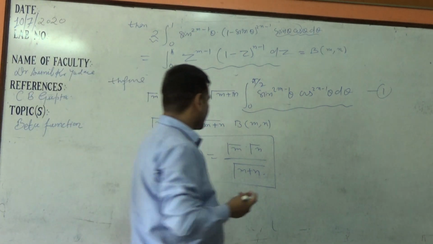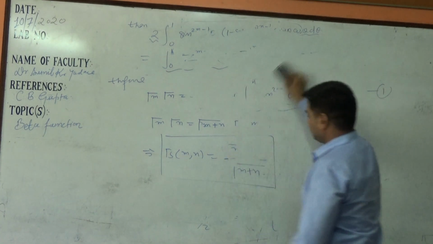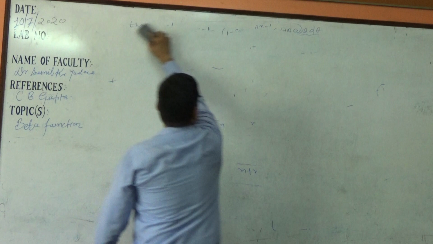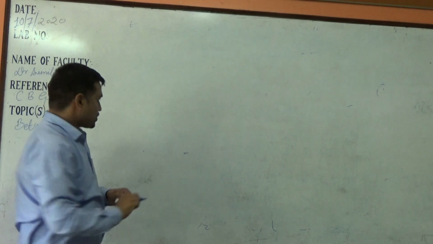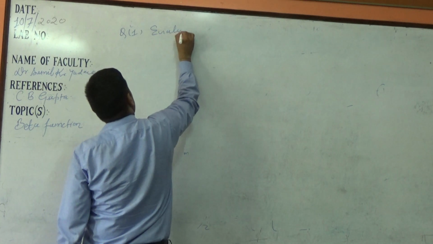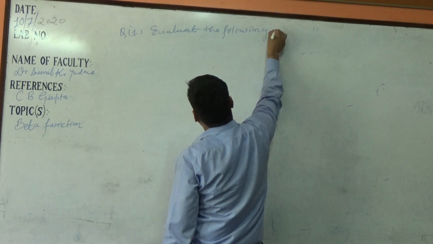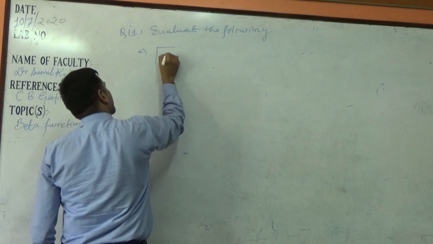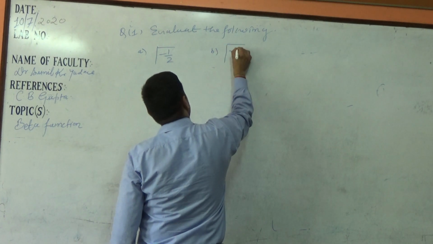Now next we take some numerical problems on these properties. First question is, evaluate the following: A, gamma minus 1 by 2, and B, gamma minus 3 by 2.